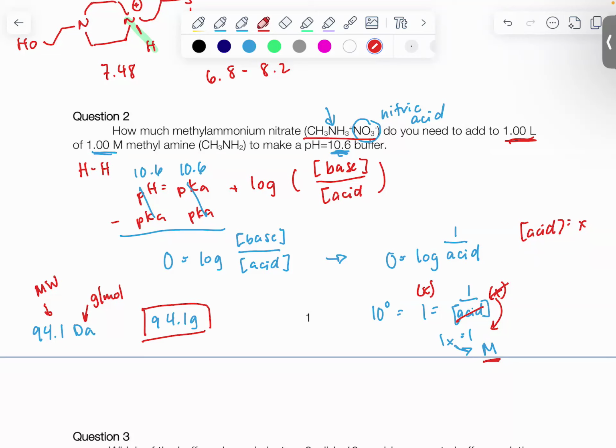I took it from the problem, with the buffer, unless they're given to you differently. Yes. Other questions?